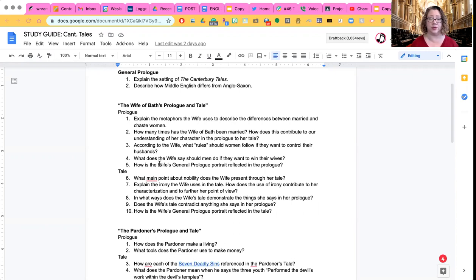And so there's that domination factor. The wife ends up getting control over the husband at the end. So there's that irony, and it also speaks to who she is as a character, and what her views are of marriage and how marriages work.